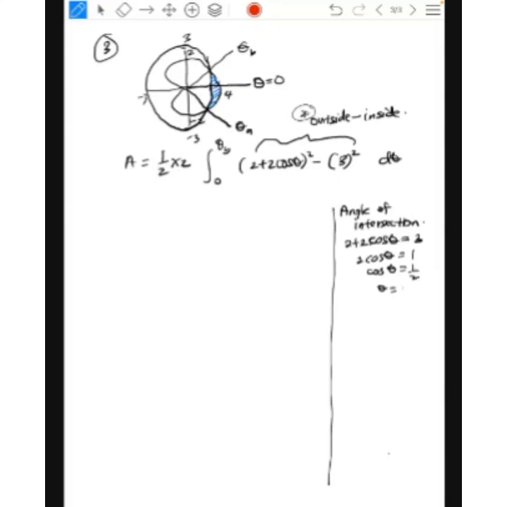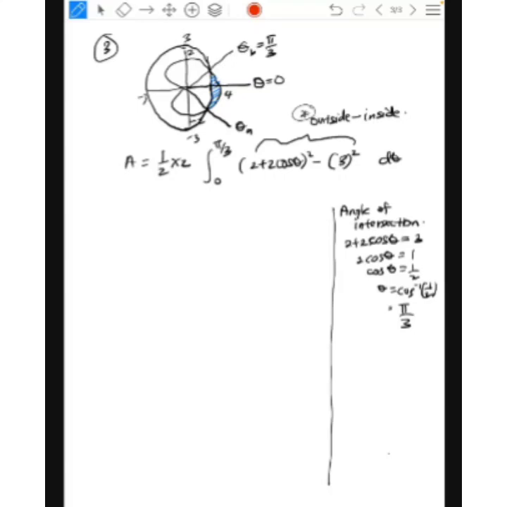So theta equals inverse cos of 1 over 2, which is pi over 3.